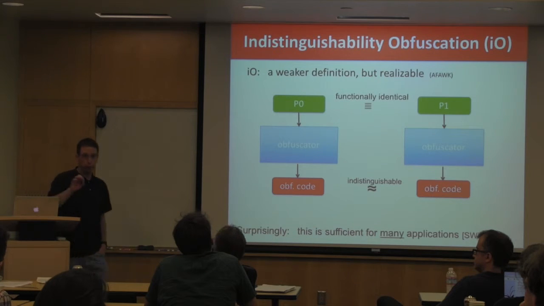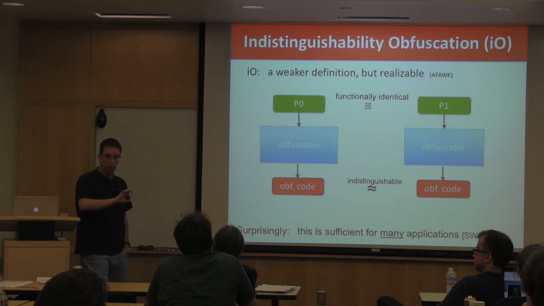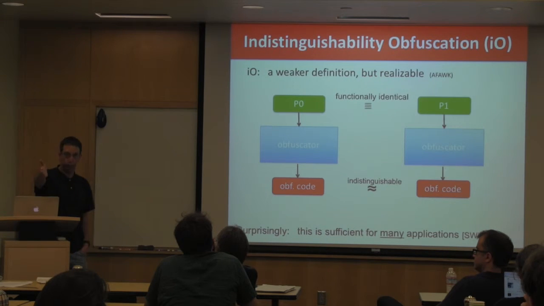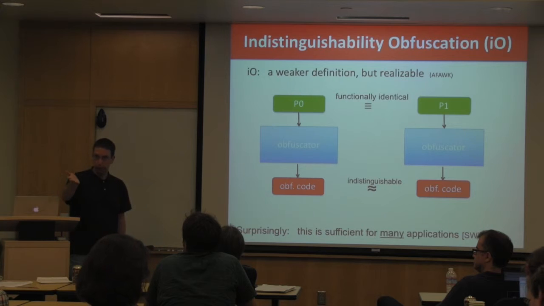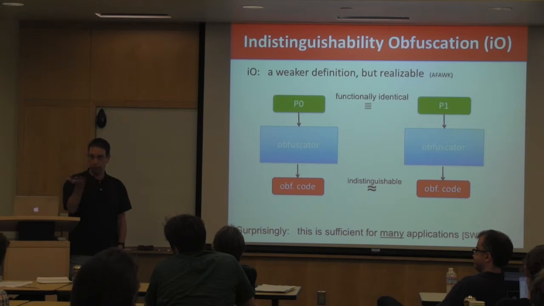Actually, what you're proving is that for point functions, there will be some programs that you will not be able to make canonical. The canonical representation of a point function is just check equality to the point. And you're saying that there are some implementations of that point function which cannot be made canonical in polynomial time. So the obfuscator that Oded is describing actually can't be implemented in polynomial time, even for point functions. That's kind of the consequence.